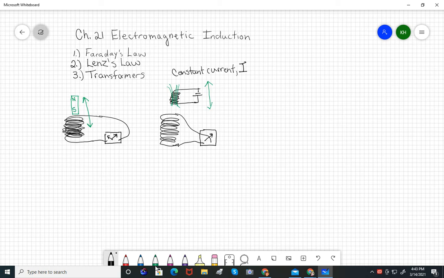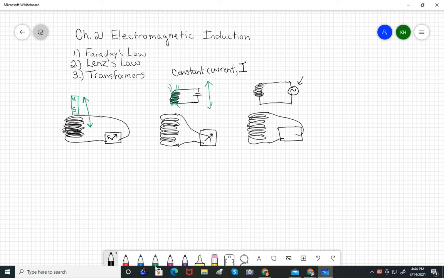There is another way to use that electromagnet that won't actually involve having to move it back and forth. The other choice would be simply to take our coil, connect it to our meter so we can see what's going on. And instead of using a battery, what if we used some type of alternating current or some type of dial that we controlled the current? What we would see is we wouldn't need to move this coil up and down or towards and away from the magnet.